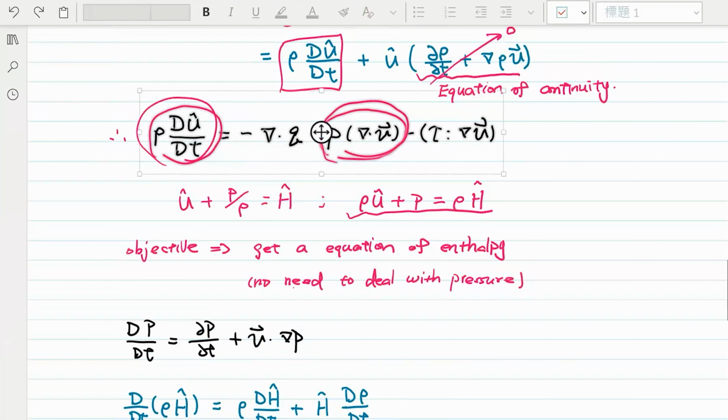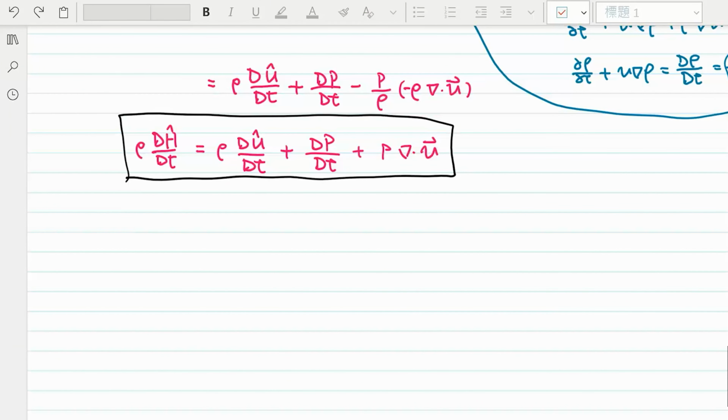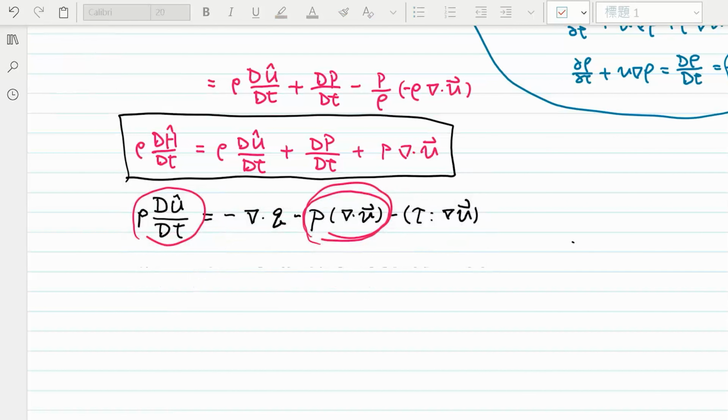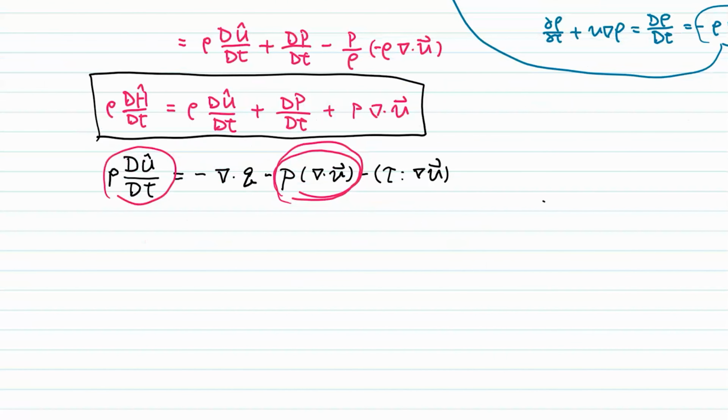So let's paste that again down here. Okay, so you can see where we're heading. If you look at the terms, the internal energy is here, also here, and the PV term is here, and also here. So we're going to substitute these two terms by the enthalpy and the substantial derivative of pressure.